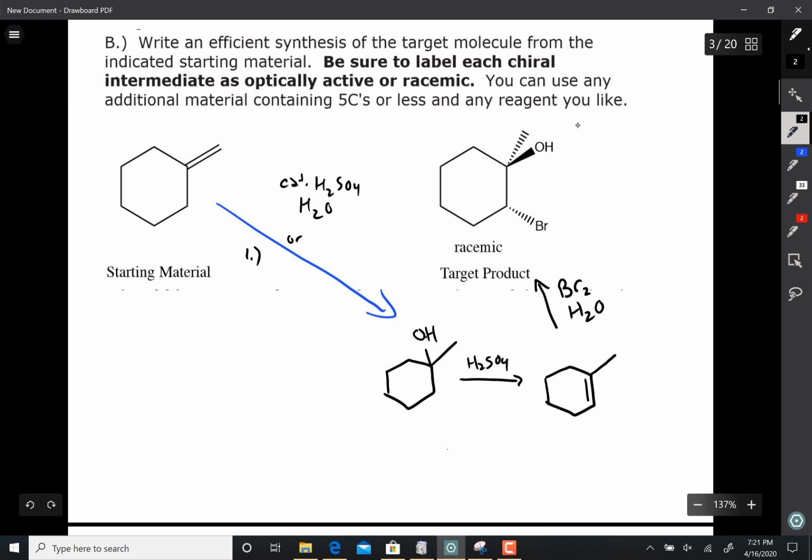Or you could have used oxymercuration, followed by demercuration. So that's a possibility as well. So either route is fine.